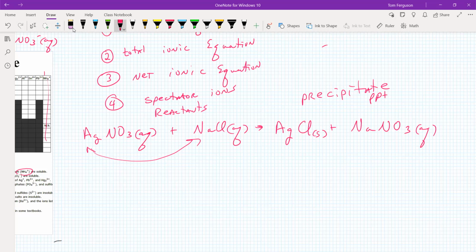Okay. Then you swap out. So you'll be starting off with the reactants only. Then you're going to swap the cations to create the product.